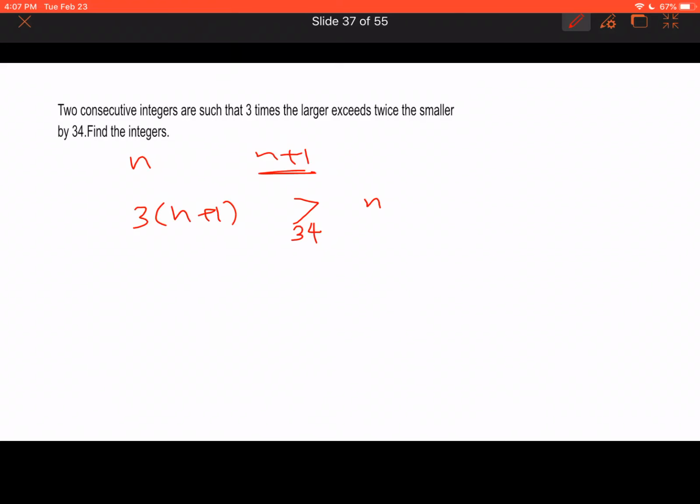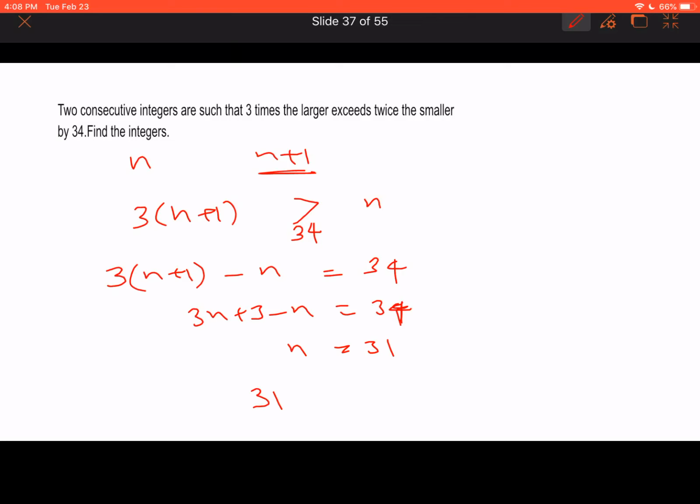That means the second quantity minus the first is going to be 34. Exceeds by 34 means it is making a difference of 34 with the other number. So 3n plus 3 minus 2n is equal to 34 and n is equal to 31. So n is equal to 31 and the second number is 32.